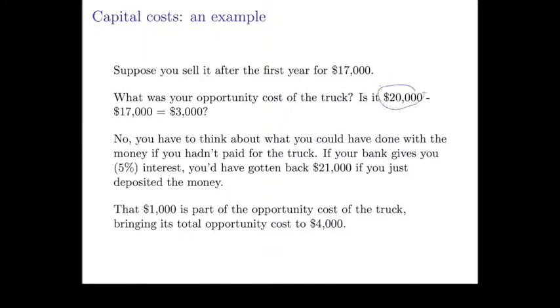By having that $20,000 tied up in the pickup truck, you've foregone $1,000 of return on investing that $20,000. So you have an opportunity cost of $1,000, plus you've got the $3,000 of explicit cost. In total, you face a $4,000 cost.